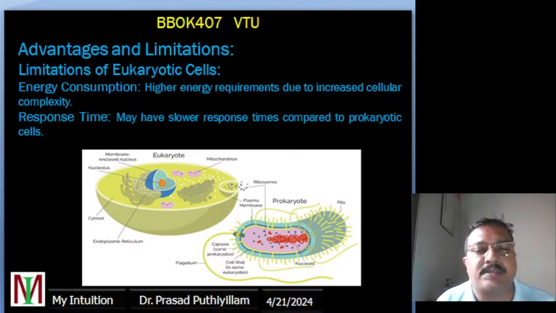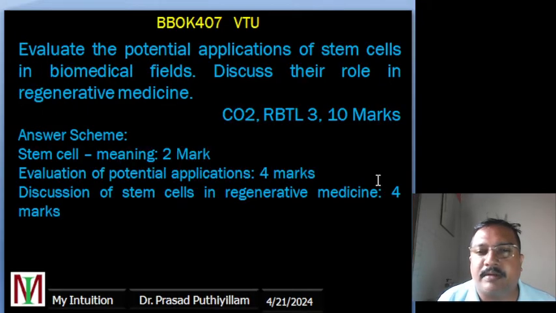Prokaryotic cells can survive in any harsh environment and will adapt accordingly, but the eukaryotic cells, the bigger cells, need more time to adapt to environmental changes. That is about the differences.